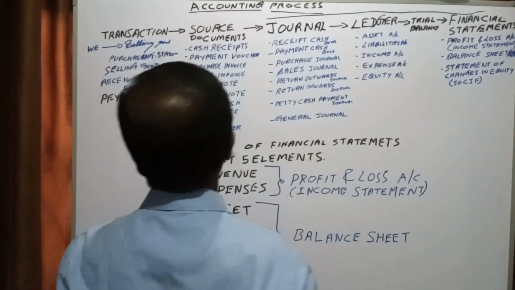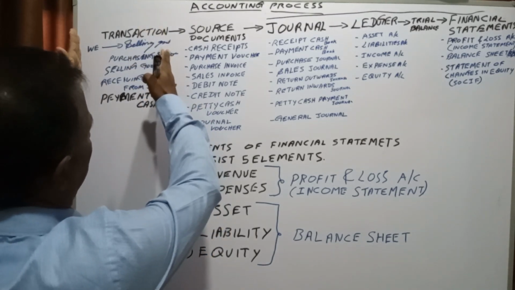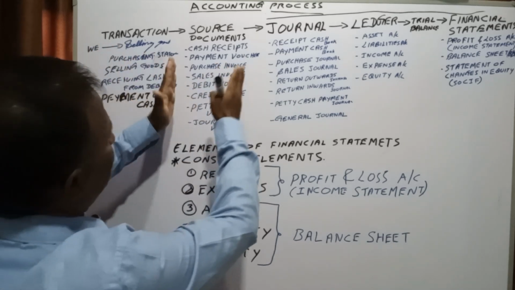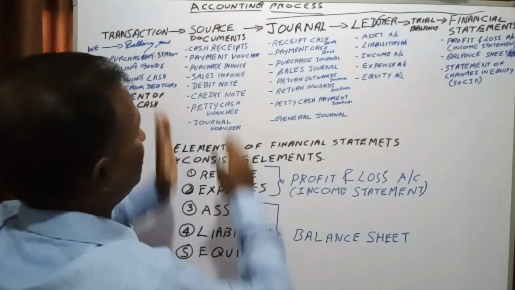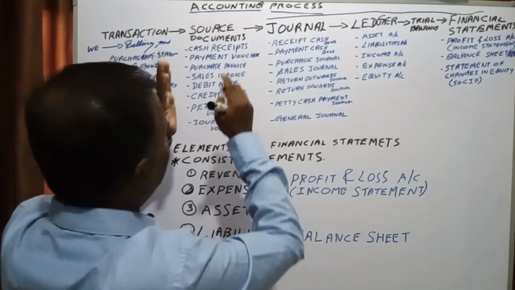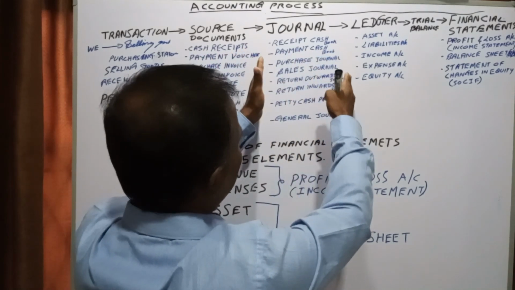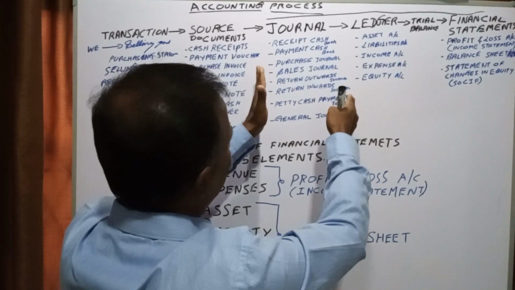So we have seen transactions, and based on the transactions, we gather the source documents for the relevant transactions, prepare the journal entries and record them in journals.